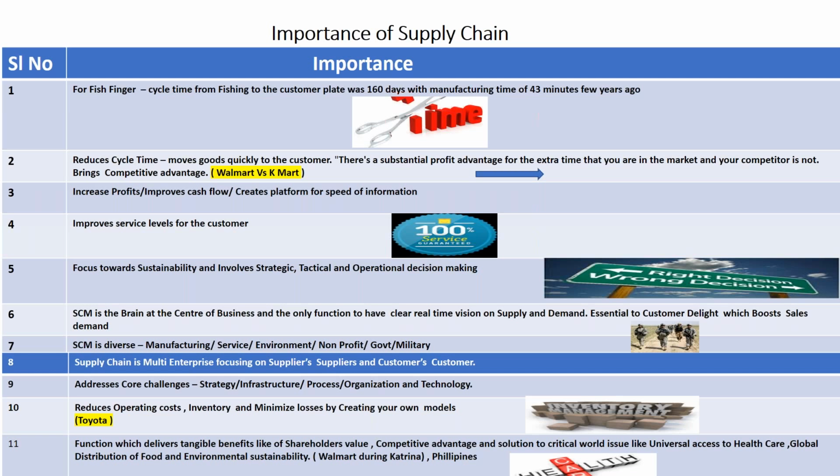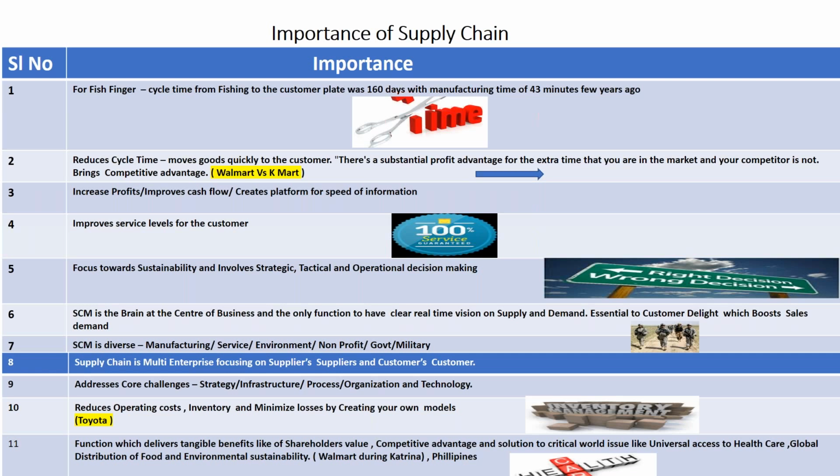Like aggregate planning, suppose you are working in a steel industry, then you plan for the entire year. What will be your total growth plan for the next year? Now, operational decisions are day to day and monthly decisions. So supply chain will give a lot of emphasis to all these three decisions: strategic, tactical, and operational.